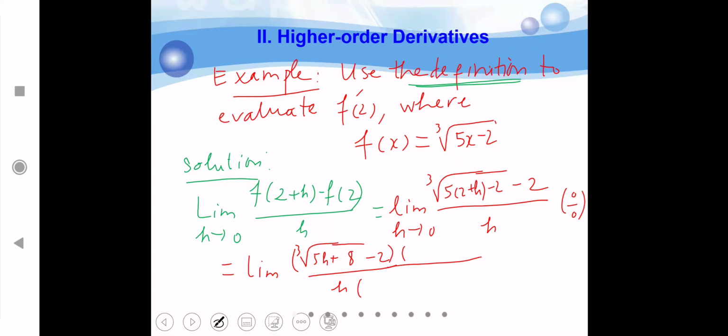The conjugate of this expression: cube root of (5h plus 8) squared plus 2 times cube root of (5h plus 8) plus 4.